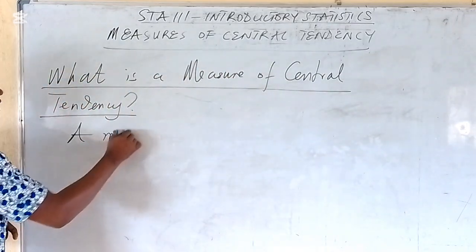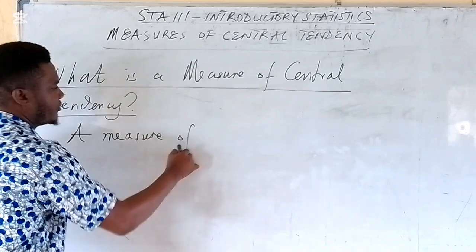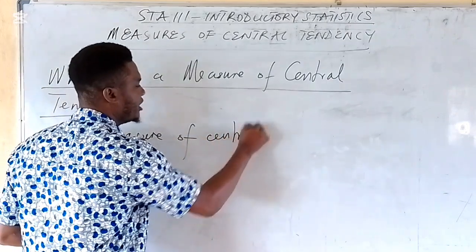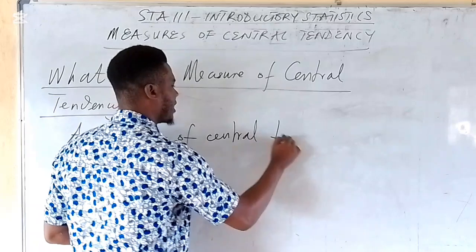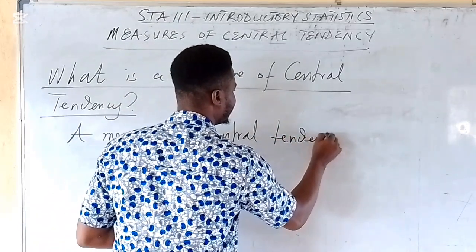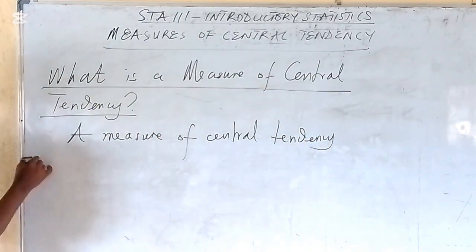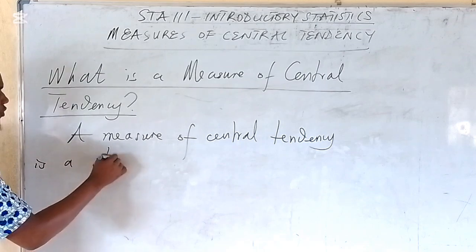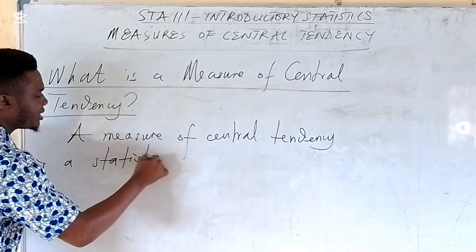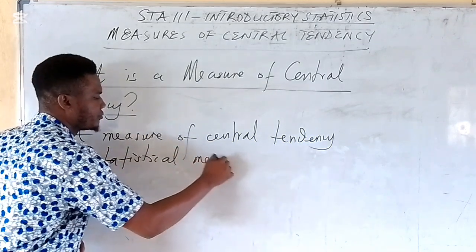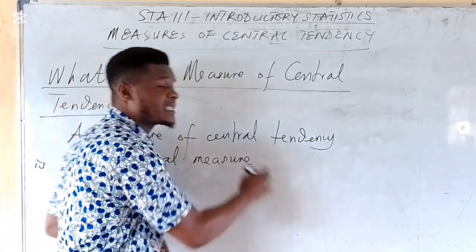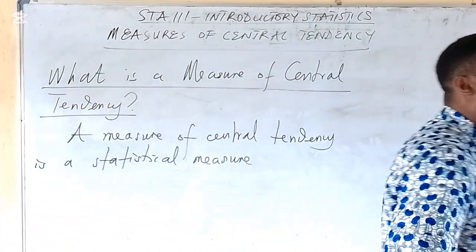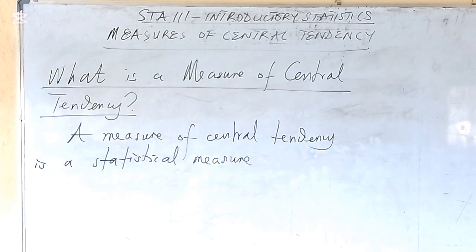So we say a measure of central tendency is, first of all, a statistical measure. It is first of all what? A statistical measure.